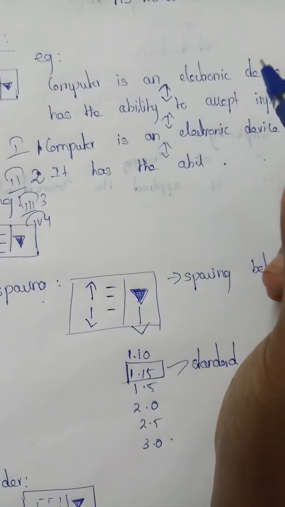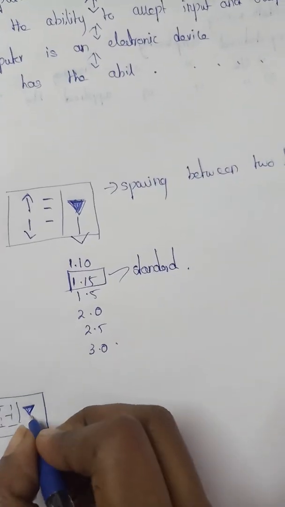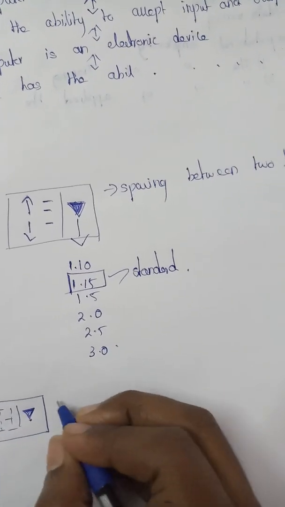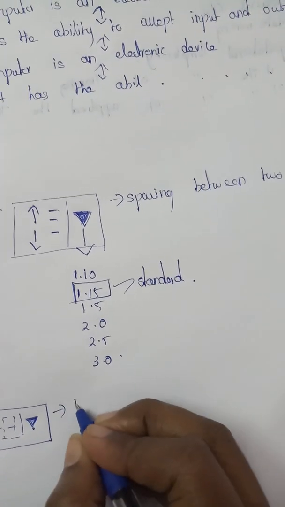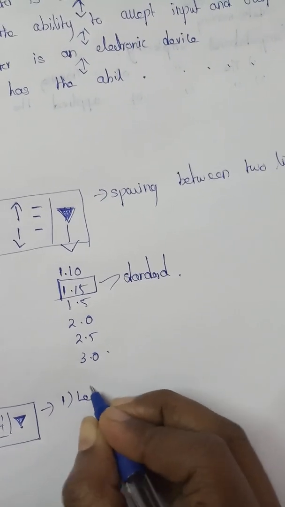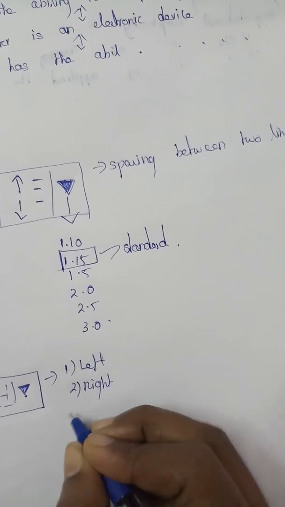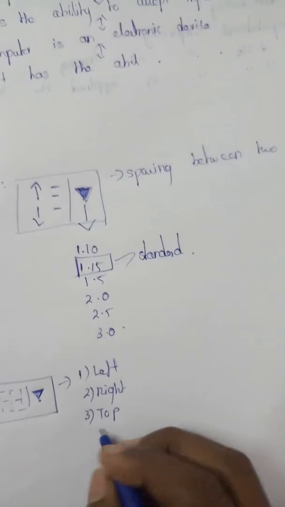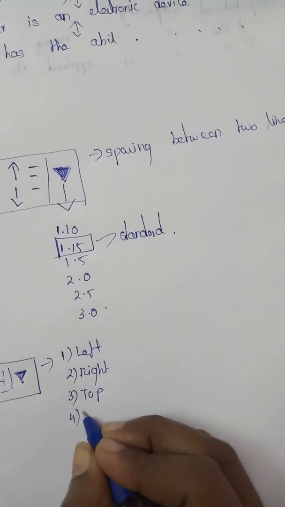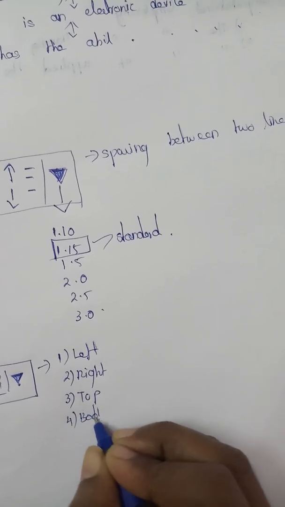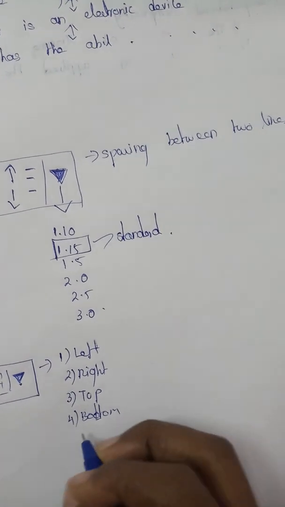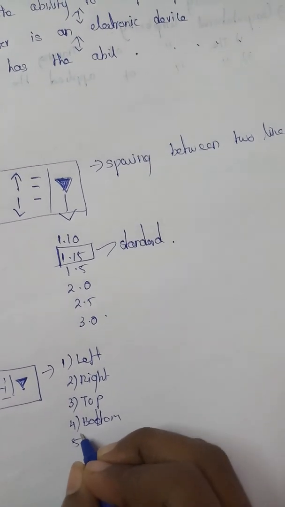When you click this arrow mark, there are many types of borders. The first one is left border, right, top, bottom, and the last one is all borders.